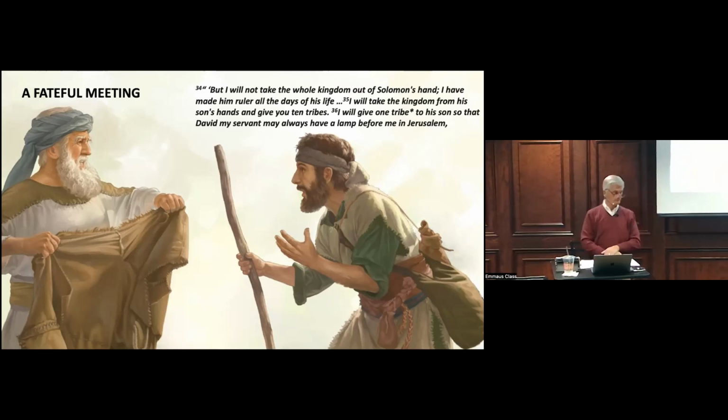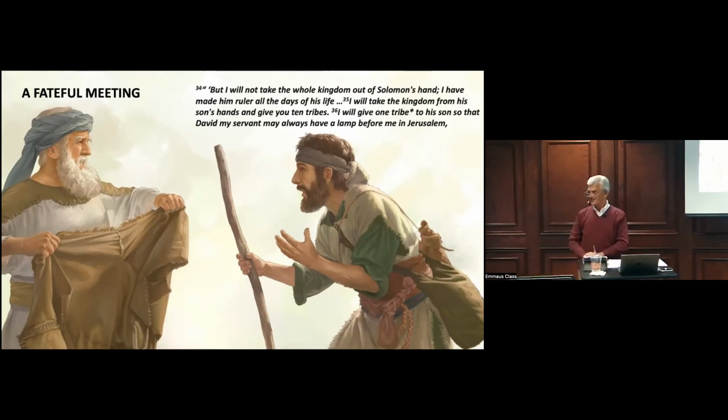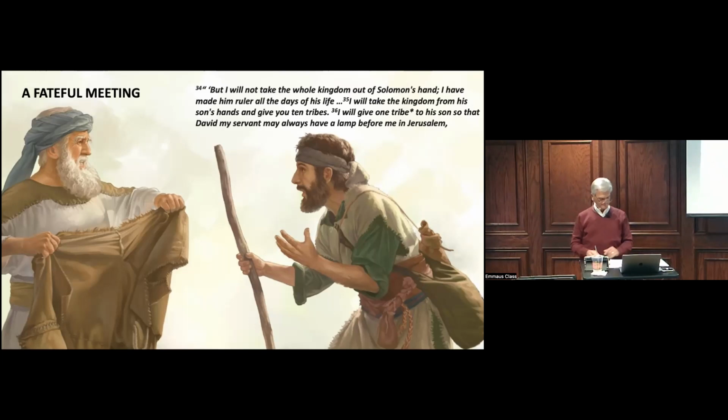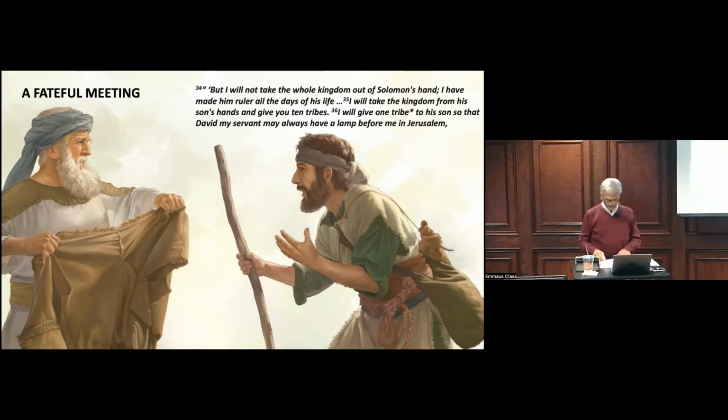You know where he put them? On the Mount of Olives. Isn't that interesting? Child sacrifice was made on the Mount of Olives, where in the New Testament, that's where Jesus is, and that's where Jesus will return. Just an interesting thought. Anyway, that one tribe that was to be faithful to God, for the sake of David, was Judah.